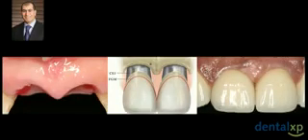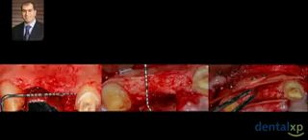But this is not the real problem. The two central incisors, we can achieve this result placing two implants if we have adequate hard and soft tissue. But the problem is a lot more challenging when we start to deal with symmetry and when we are dealing with a lateral incisor and a central incisor.